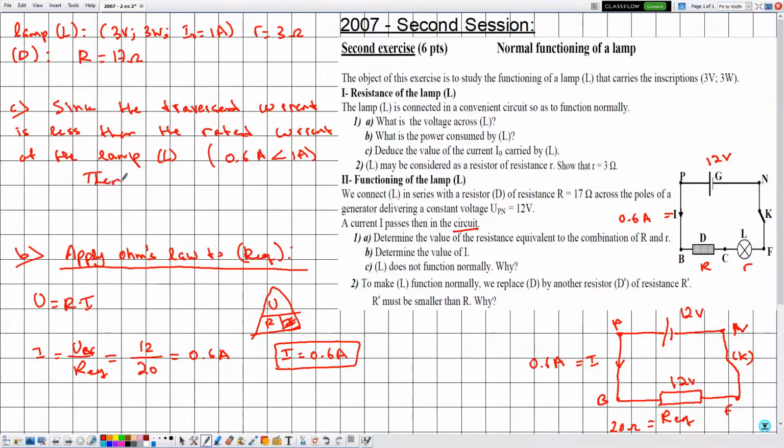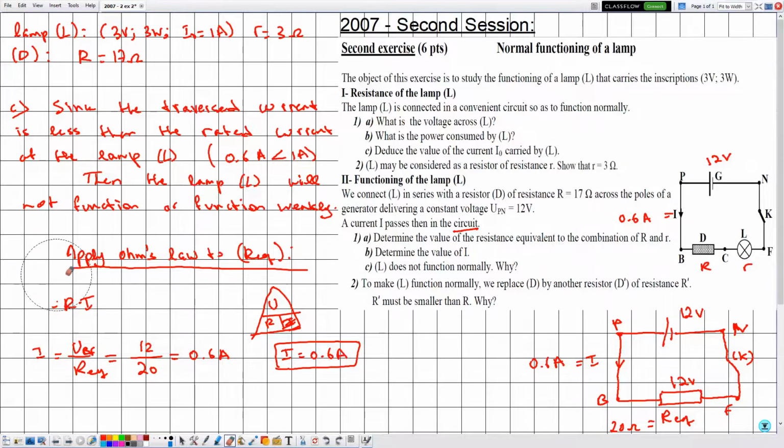Then the lamp L will not function or function weakly.